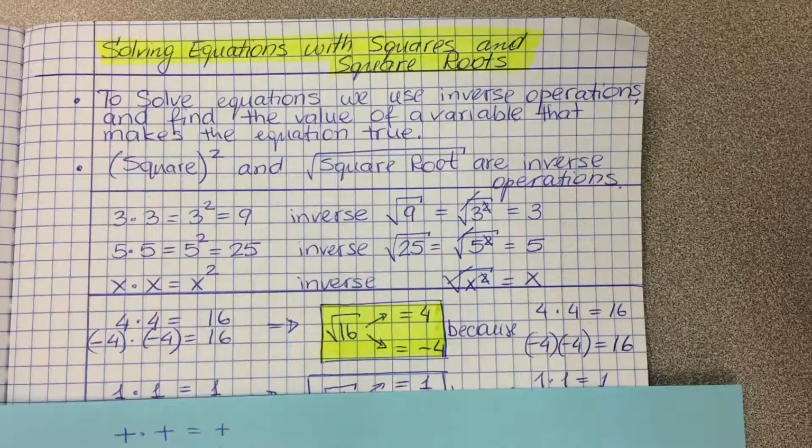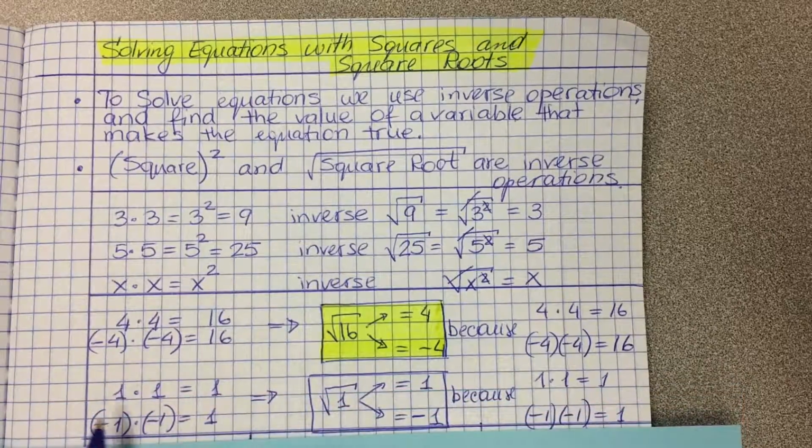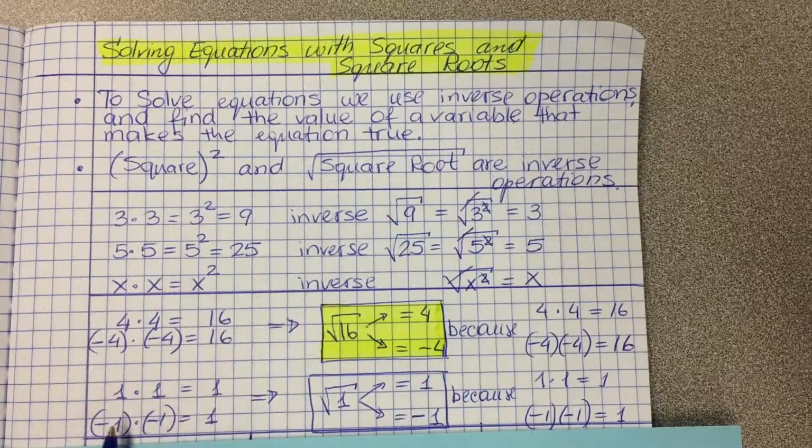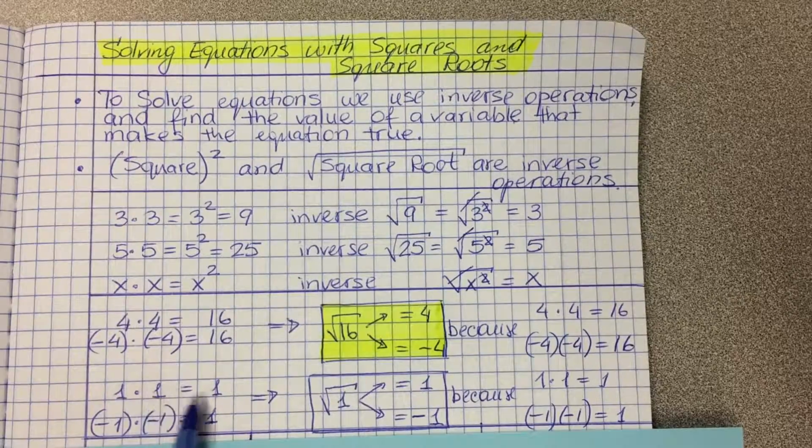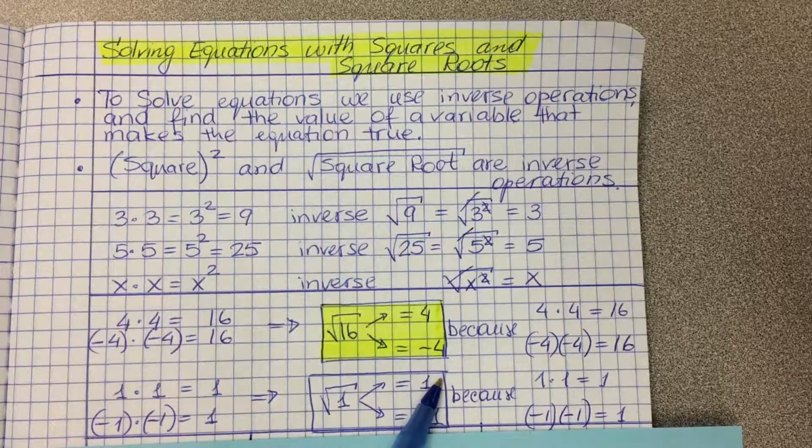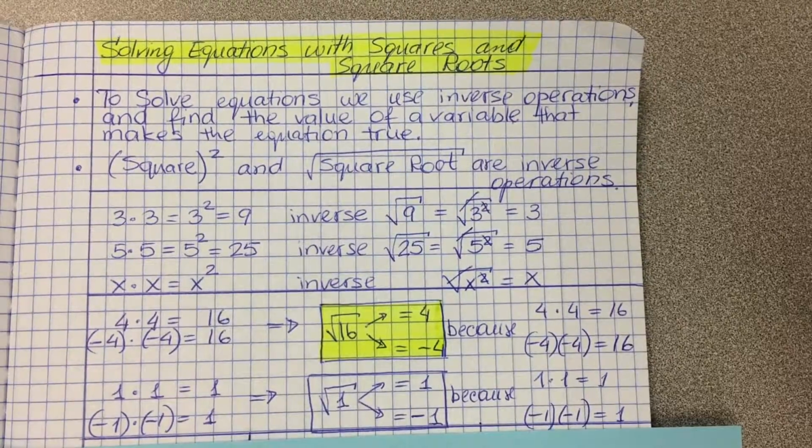Let's see another example. 1 times 1, number times itself, is positive 1. Negative 1 times negative 1, number times itself, is still positive 1. Therefore, by inverse operation, the square root of 1 has two possible values: 1, because 1 times 1 is 1, and negative 1, because negative 1 times negative 1 is 1.